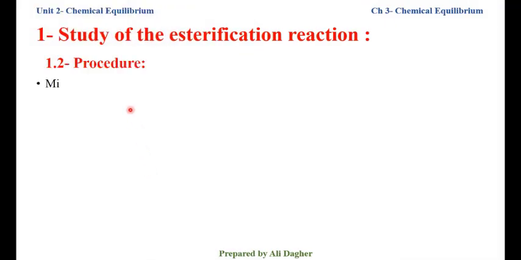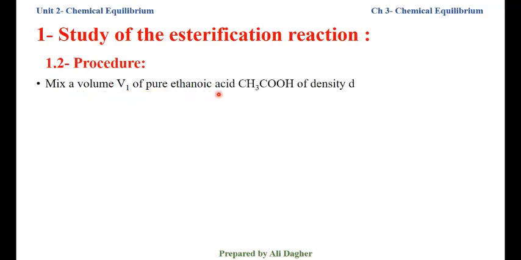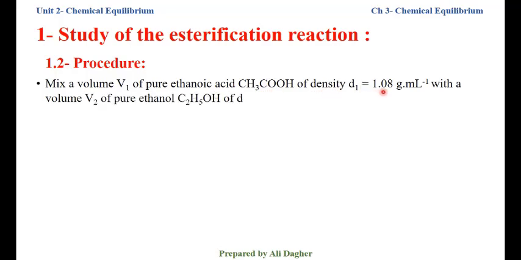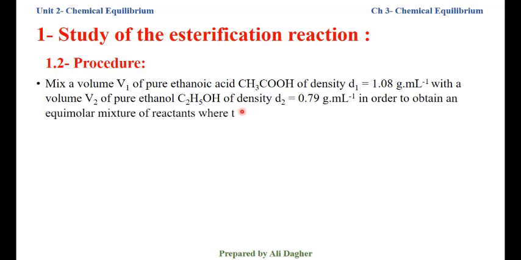2. Procedure. Mix a volume V1 of pure ethanoic acid, CH3COOH, of density D1 equal to 1.08 gram per milliliter, with a volume V2 of pure ethanol, C2H5OH, of density D2 equal to 0.79 gram per milliliter, in order to obtain an equimolar mixture of reactants where the initial number of moles for each reactant is N0 equal to 1 mole.